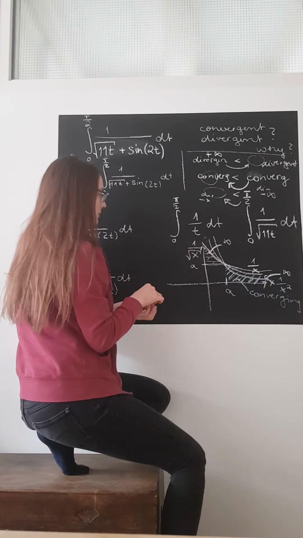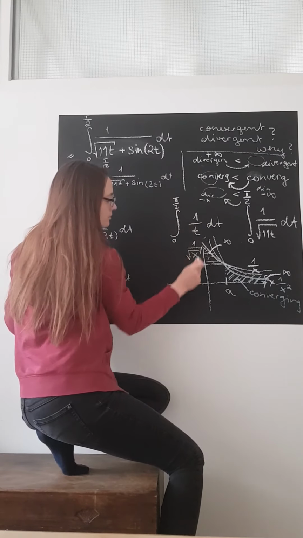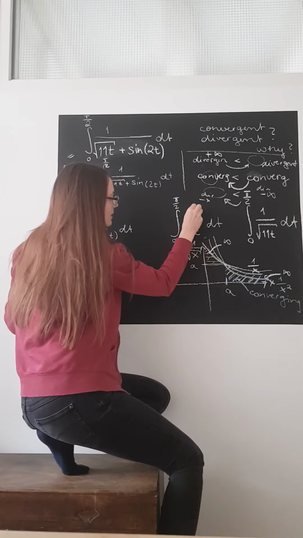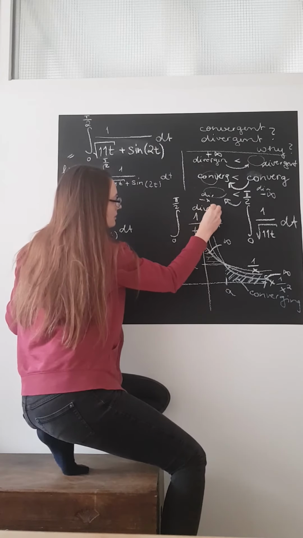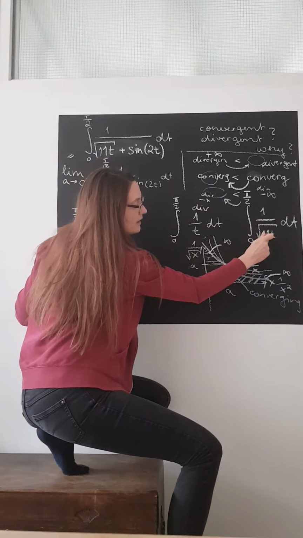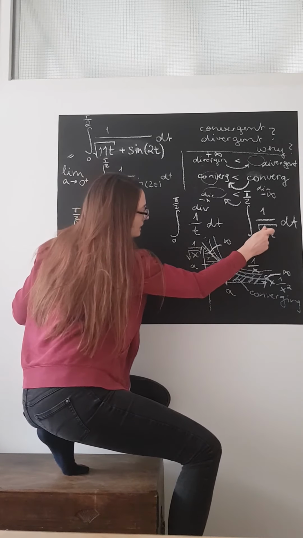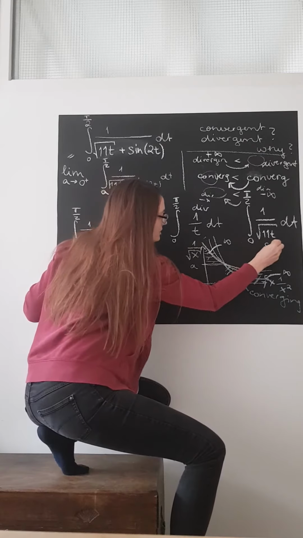So I just said this thing is the integral from 0 to pi half of 1 over t. That is diverging. This thing is, well, there's only a factor of 1 over 1 and the square root that doesn't do anything to it, so that is converging.